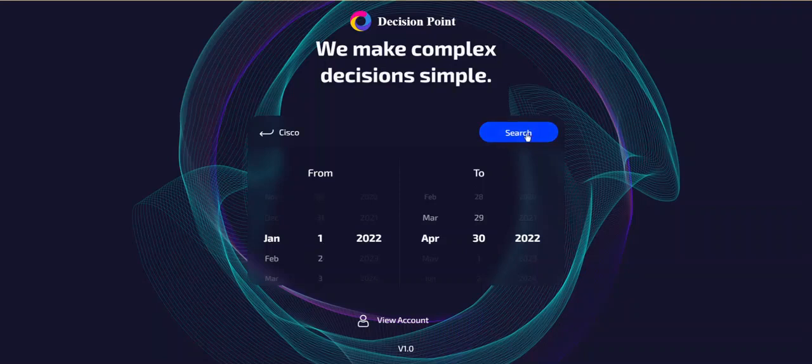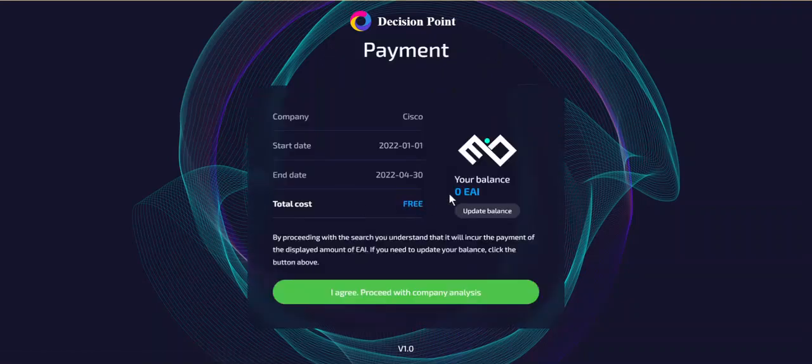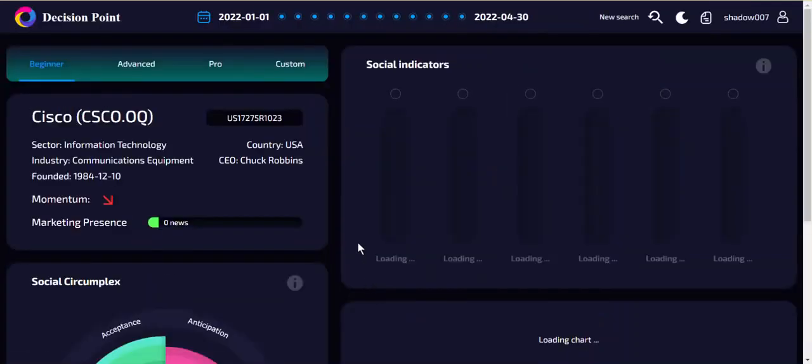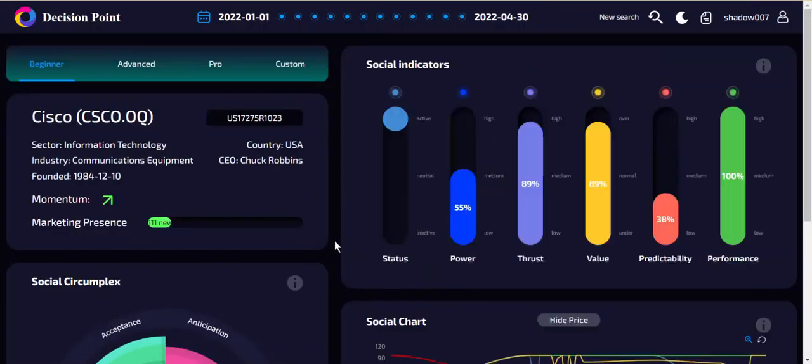Let's go ahead and click search. It's letting me know, as I said, that this is going to be no cost for you. We're in a free period where we can test drive it, learn more about it, and make decisions on how we're going to take advantage of this grand opportunity. You see it's searching now, pulling that information live.